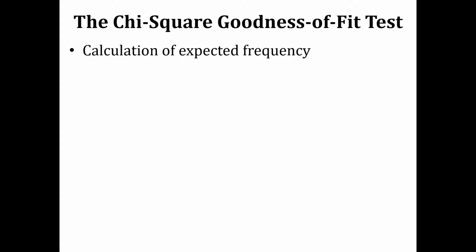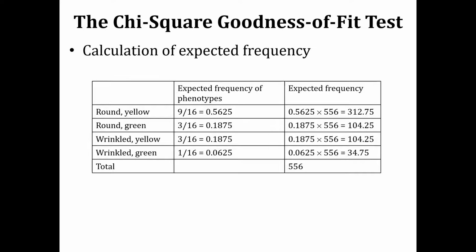The next step is calculation of expected frequency, and how do we calculate the expected frequency on the basis of our null hypothesis? Our null hypothesis is that the results of this cross follow Mendel's law of independent assortment. So the phenotypic ratios should be 9, 3, 3, 1.